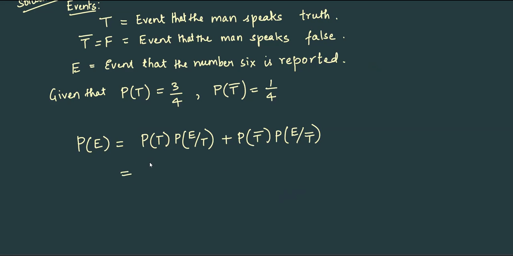Now, the probability of his speaking truth is 3 by 4, into the probability that it was actually a 6. This is the same as he is speaking truth and he has reported that it is 6. That means the probability of number 6 appearing.